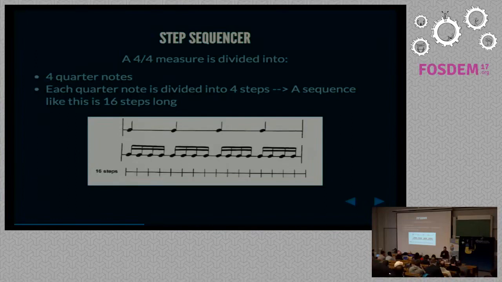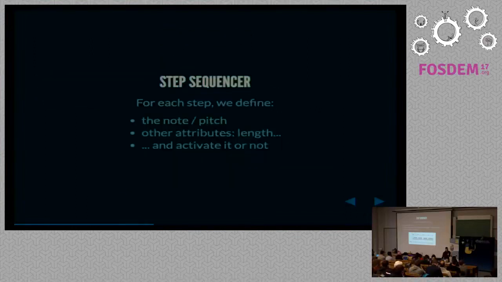So, for example, a 4/4 measure is divided into 4 quarter notes, and each quarter note can be divided into 4 steps. So a sequence like this is 16 steps long. This is the musical notation corresponding to that.